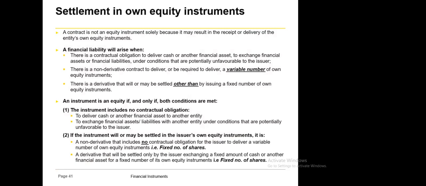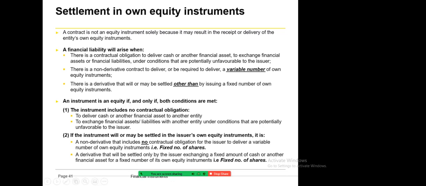Settlement in own equity instrument: a contract is not an equity instrument solely because it may result in receipt or delivery of the entity's own equity instrument. A financial liability will arise when there is a contractual obligation to deliver cash or another financial asset, or to exchange financial assets or financial liabilities under conditions that are potentially unfavorable to the entity.